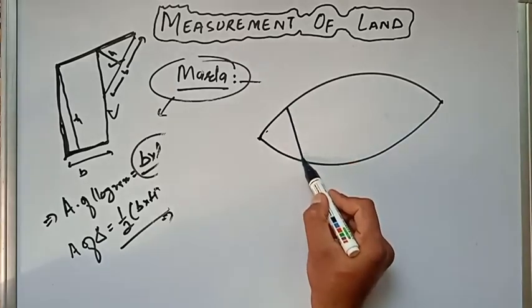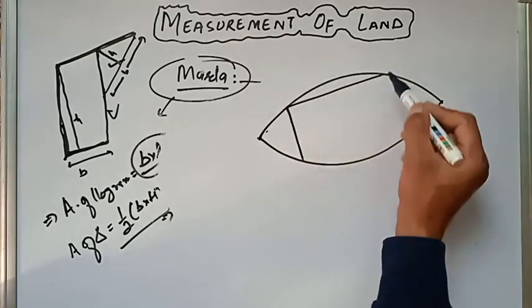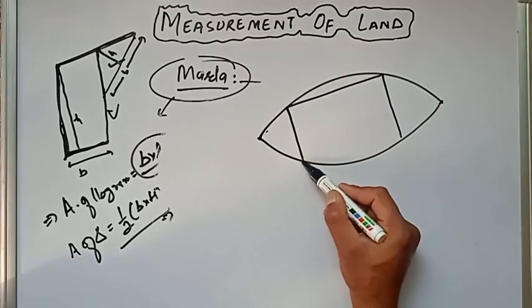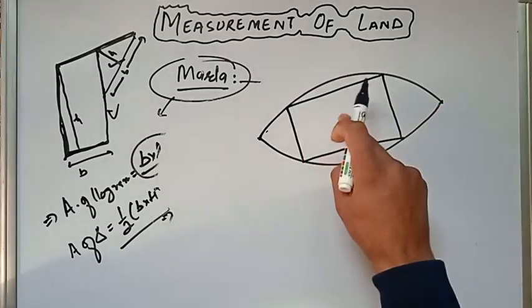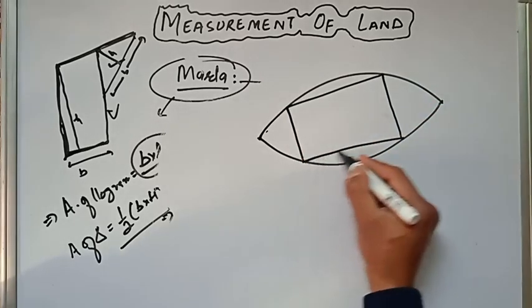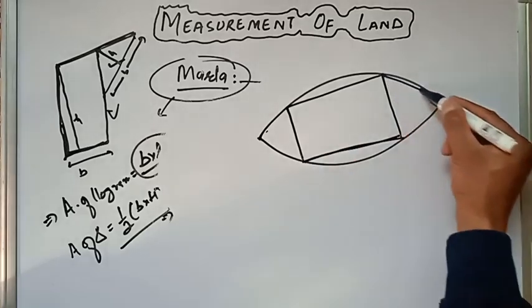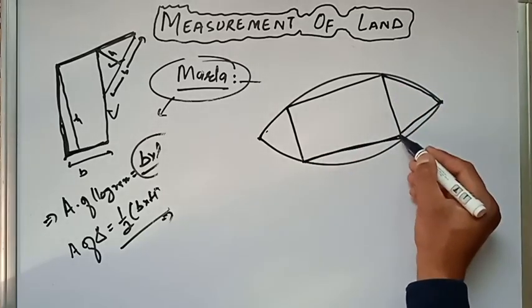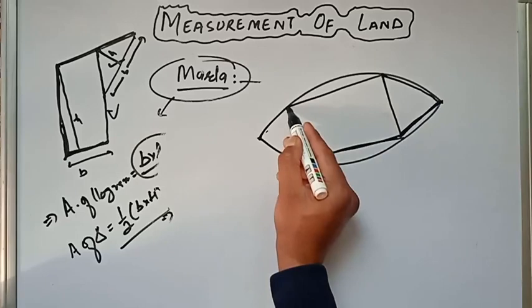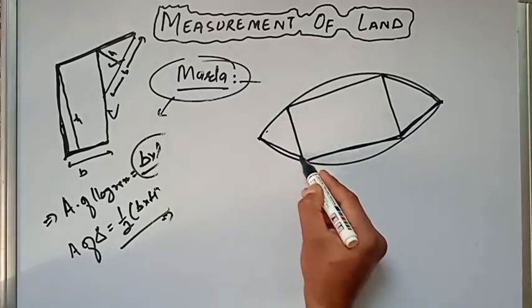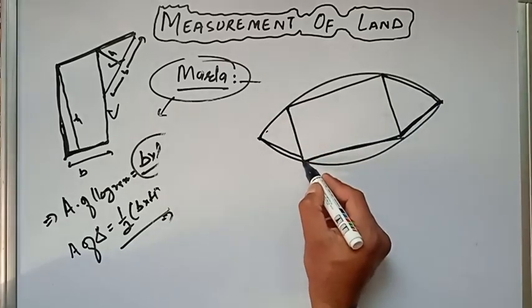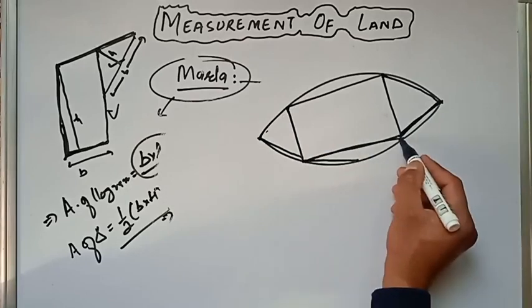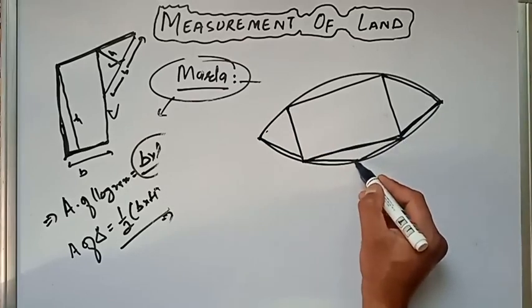Suppose that I have divided this like this. In the middle I have made a rectangle, and I can form two triangles on the other two sides. Suppose that I need to do like this. Here will be another triangle.